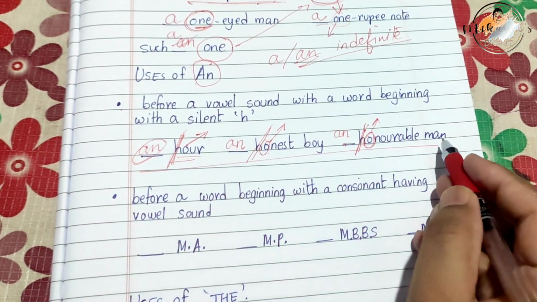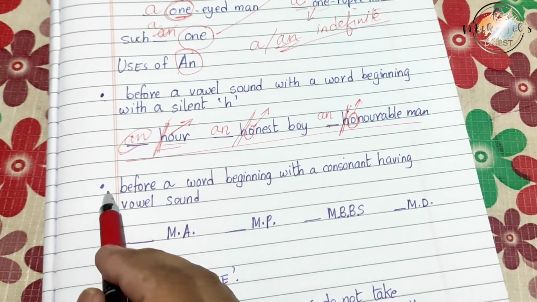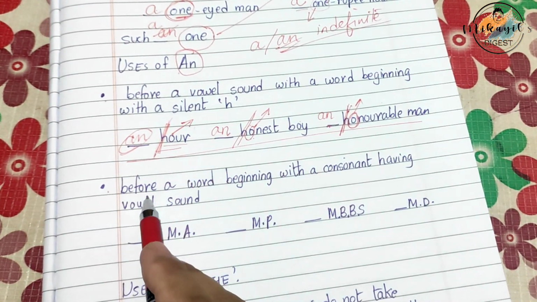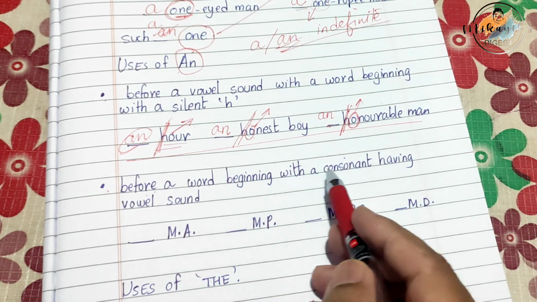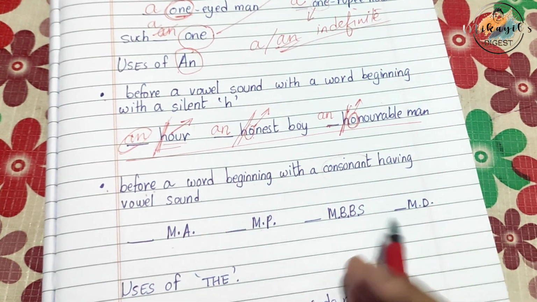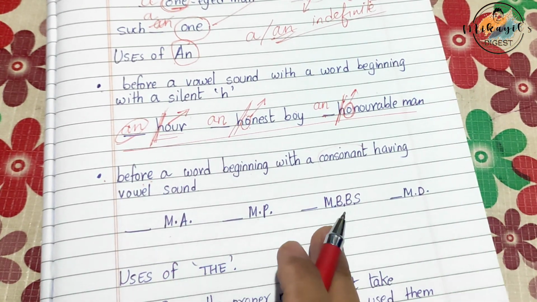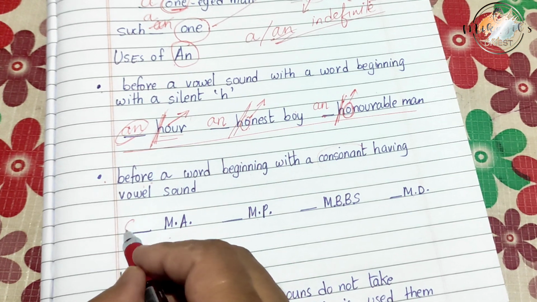So these are some of the basic rules that we need to follow if we are using an. Another point says we can use an before a word beginning with a consonant having a vowel sound. You can see here these are all consonants, there are no vowels here, but the sounds come like em. So here too we have to use an.